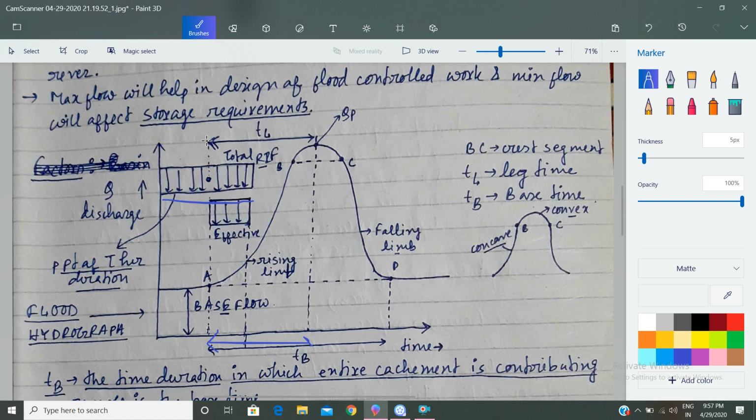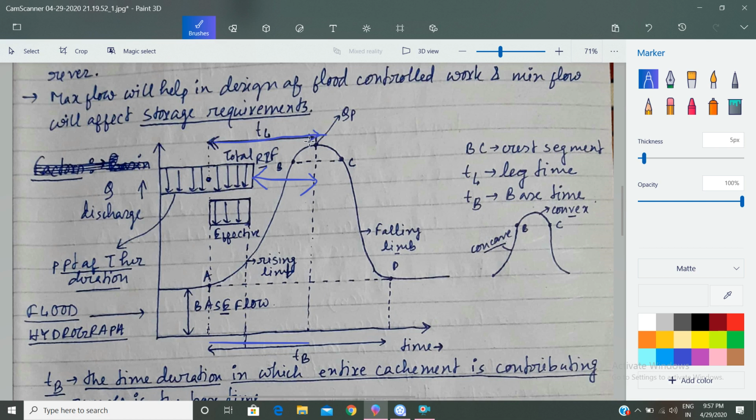From 9 am, the central time of the precipitation, to the peak discharge time, this one is known as time of concentration. And this one, from this point to this point, is known as lag time. You should understand that. Okay, this one is known as lag time, and this one is known as time of concentration.